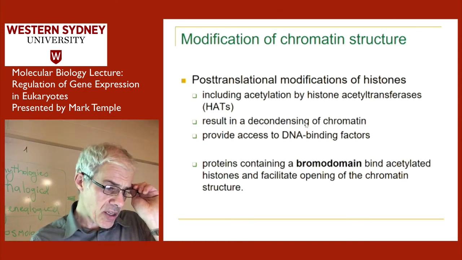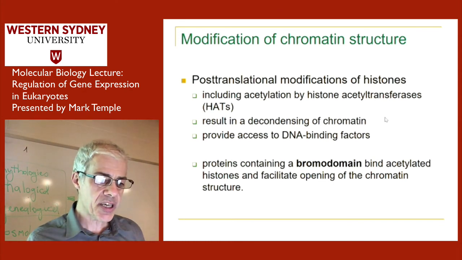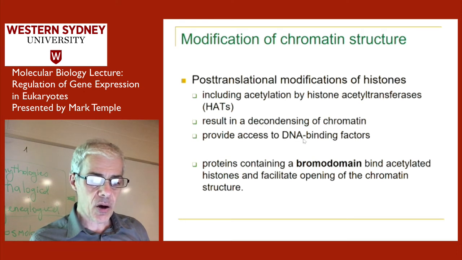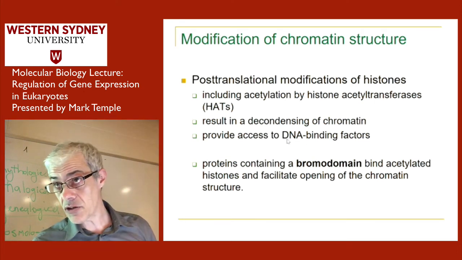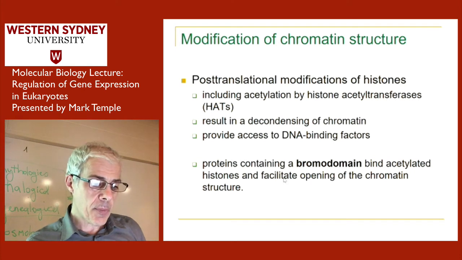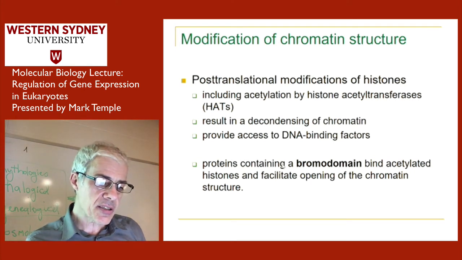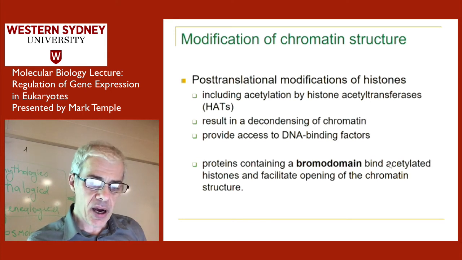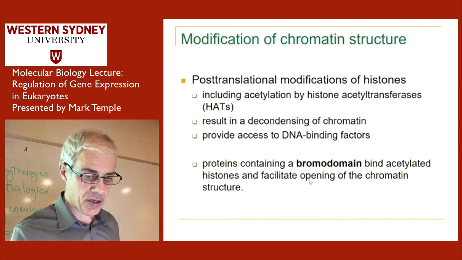Okay? So this results in decondensation of chromatin, and it provides access of DNA binding factors, these transcription factors, to the DNA. Some proteins contain domains called bromodomains, and they can bind to these acetylated histones, further opening up the structure.